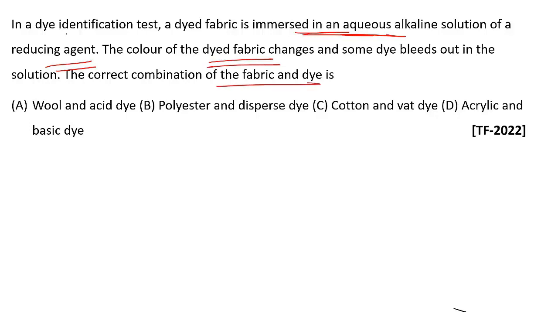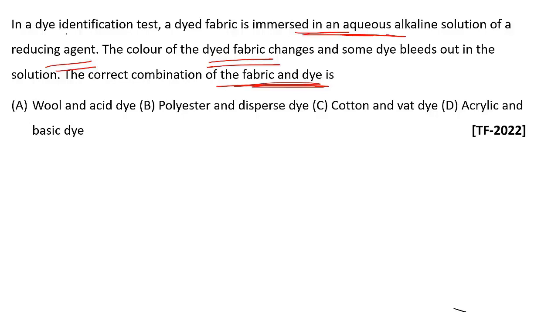The correct combination of the fabric and the dye is asked. In this question, typical results are shown, such as how the color changes, which reducing agent is used, or in what medium the reaction is carried out, and you have to find which type of dye is used and on what fabric it is used.